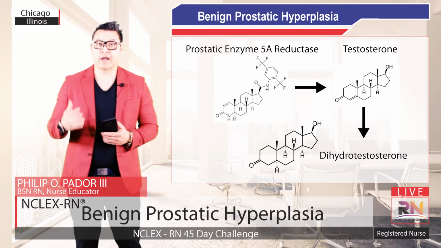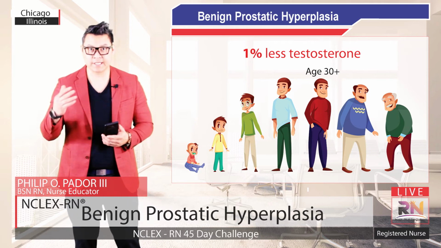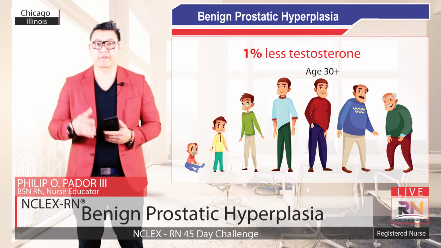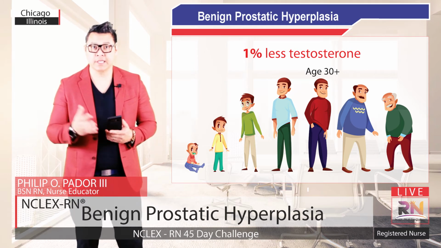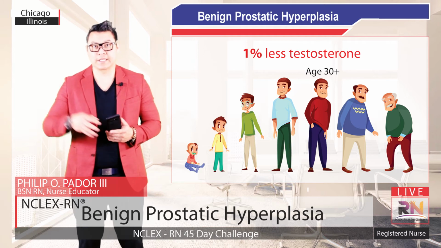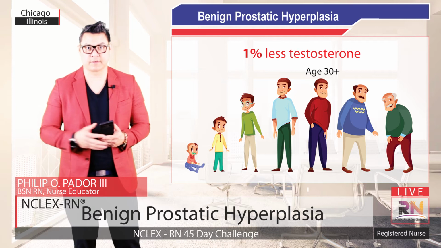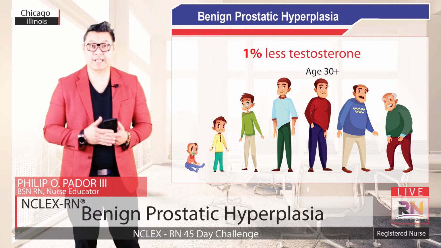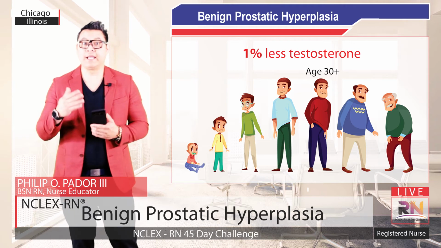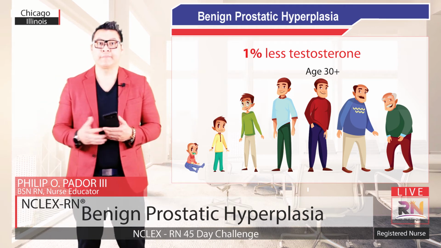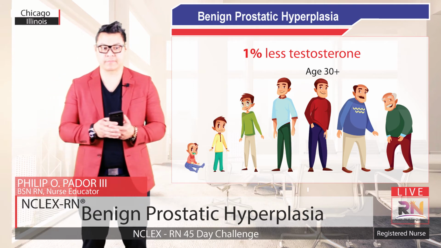Now, after the age of 30, men produce about 1% less testosterone per year. But for unclear reasons, 5-alpha reductase activity increases with age, so even with less testosterone, dihydrotestosterone can be increased. Normal prostate cells respond to the increase in dihydrotestosterone levels by living longer and multiplying, and that's the underlying cause of benign prostatic hypertrophy.